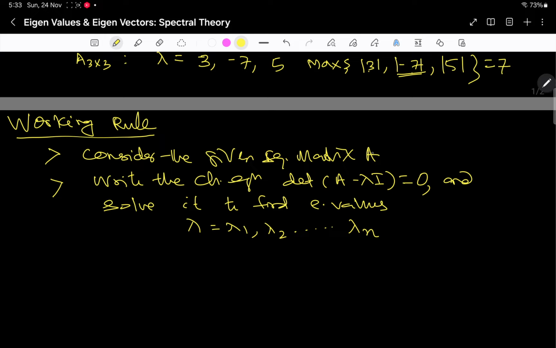If A is having the order n cross n, then we are getting n number of eigenvalues.